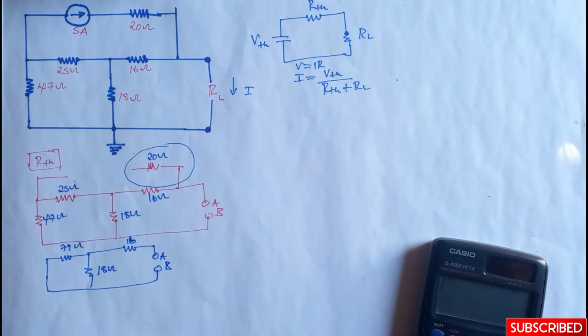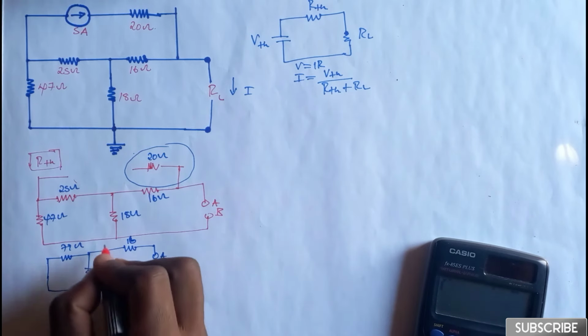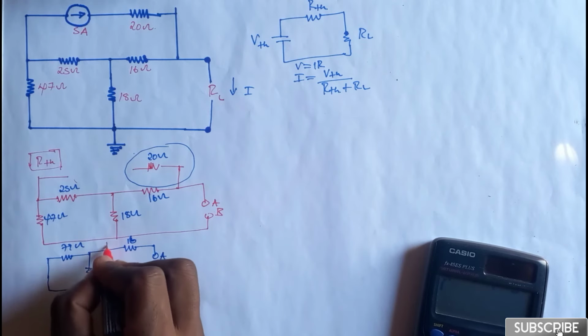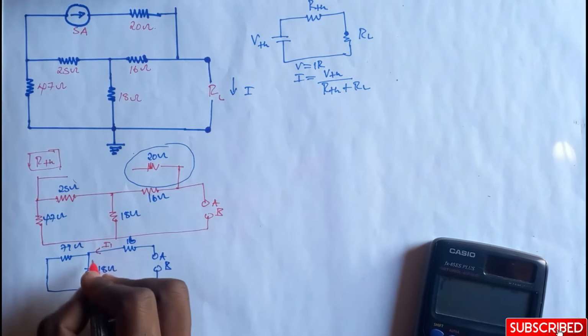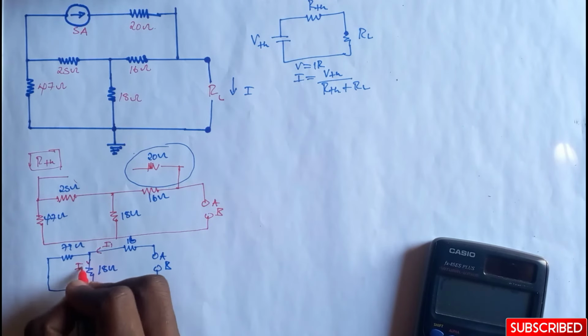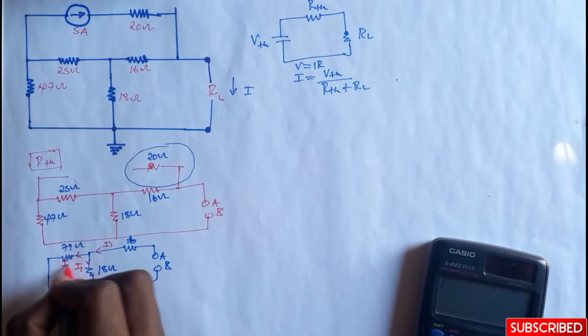Now it is easy to find the Thevenin equivalent resistance, because the 72 ohm resistor and the 18 ohm resistor are in parallel, and they're both in series with the 16 ohm resistor. If you are not familiar with determining whether resistors are in series or in parallel, you can simply say we have a current, I. This current is going to split into I1 here and I2 here.